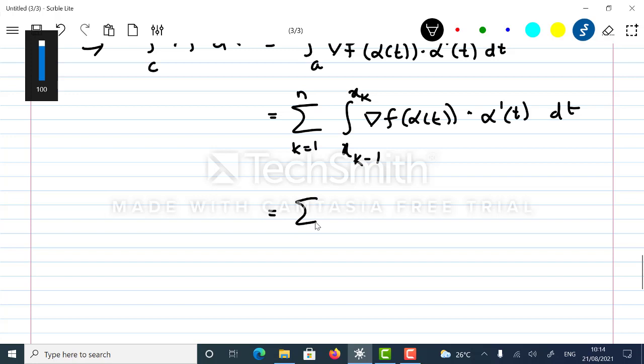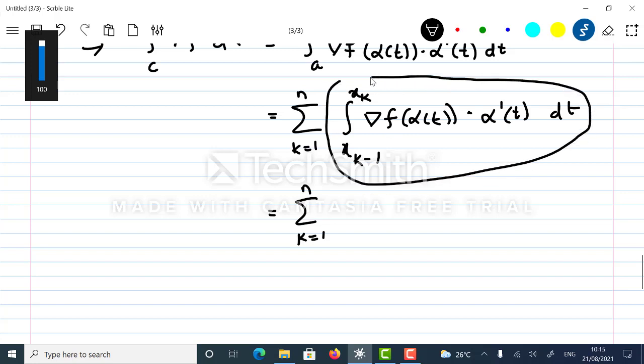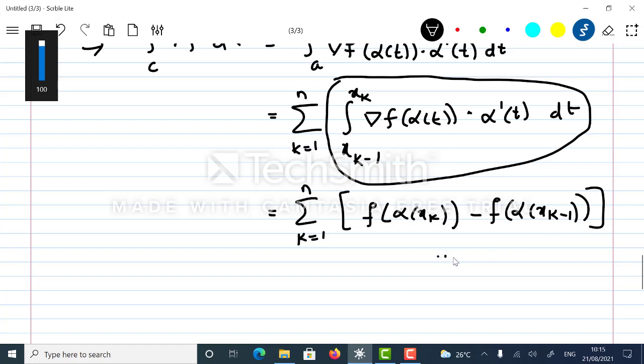This is the same as the summation k goes from 1 to n. Now for this line integral we already know, because in case 1 we have proved that it is basically f evaluated at the endpoints. So f at alpha xk minus f at alpha xk minus 1 from case 1. If I expand this, this is a telescopic sum, so alternate terms will get cancelled.